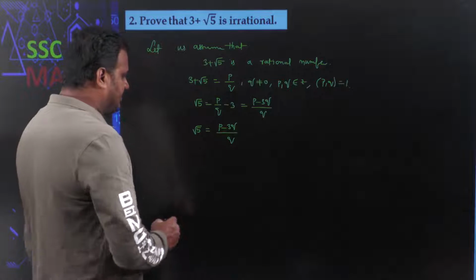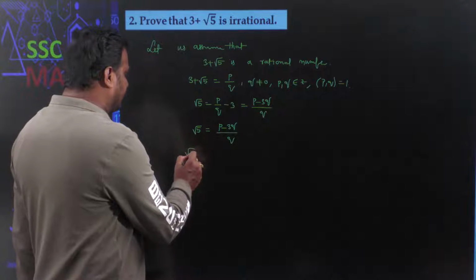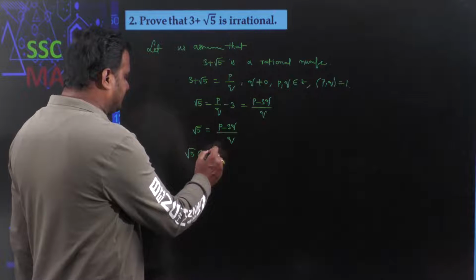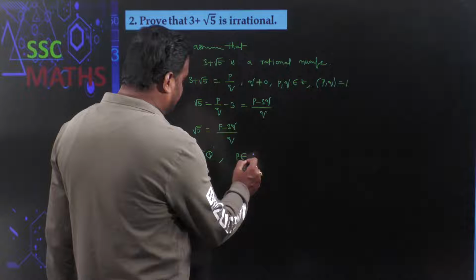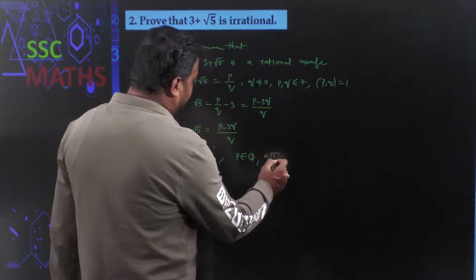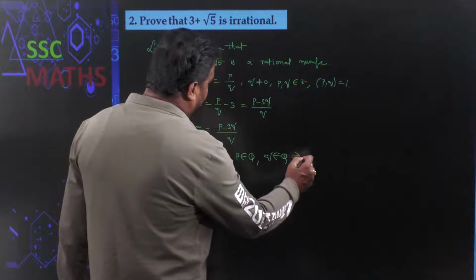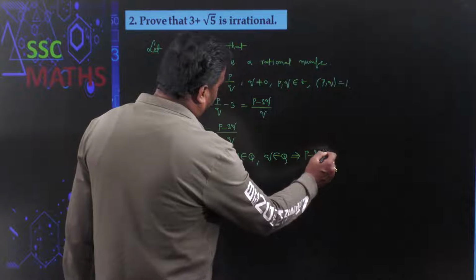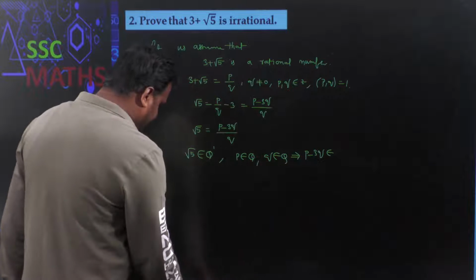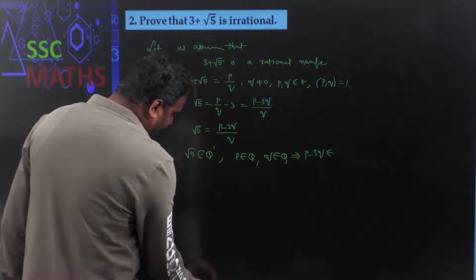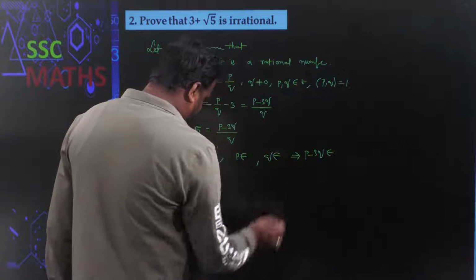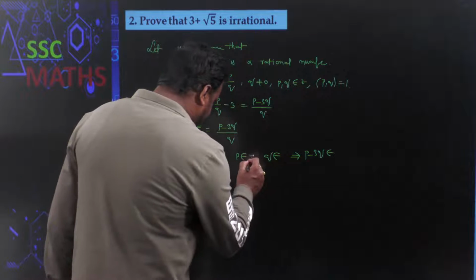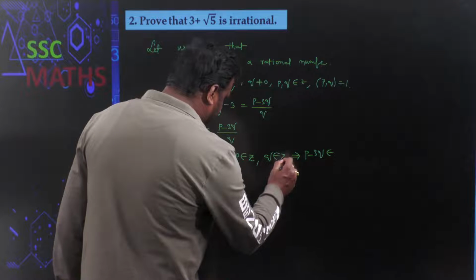Now observe here, root 5 is clearly an irrational number. P is an integer, and Q is also an integer, because we have to follow the definition.